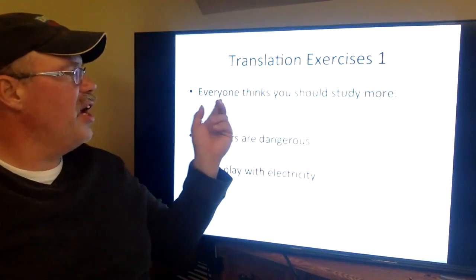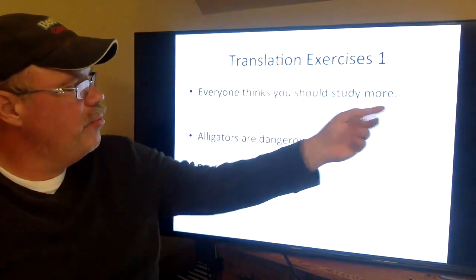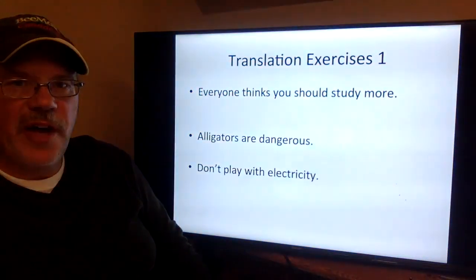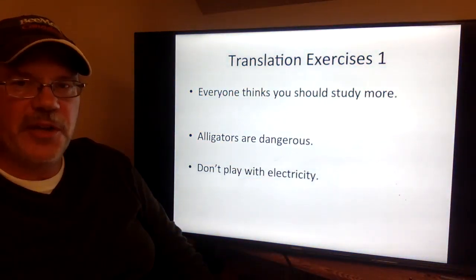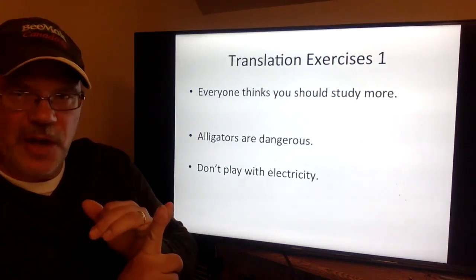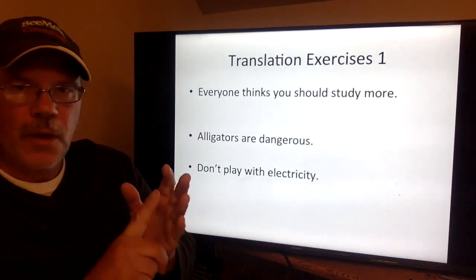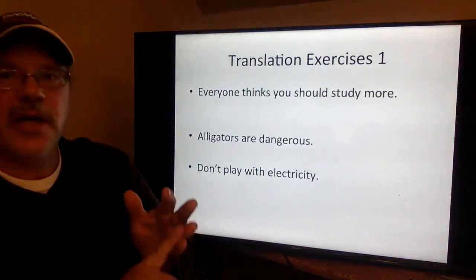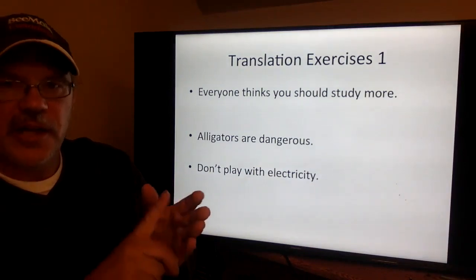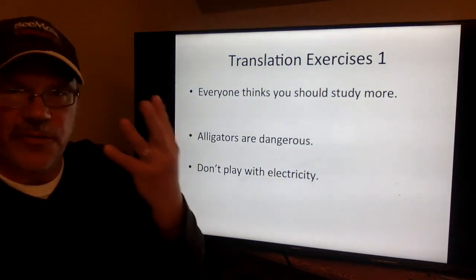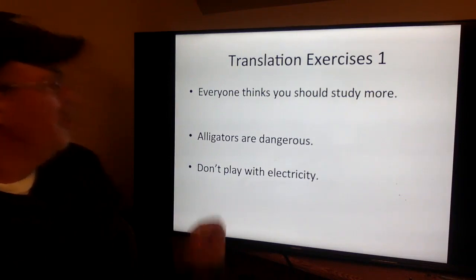So the first statement, everyone thinks you should study more. So we've got to find a couple things here. We need to think about how many are we talking about, what's the subject, and what's the predicate, and is it positive or negative? Those four things.